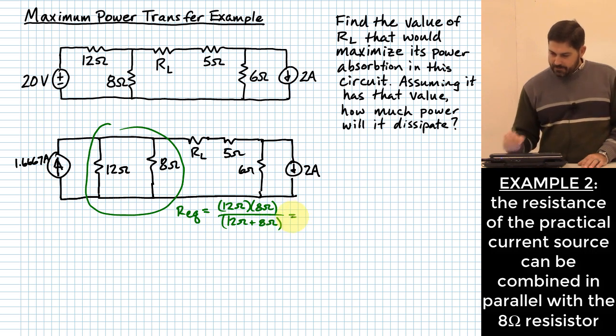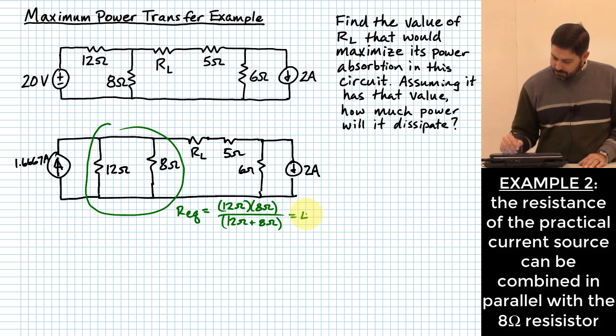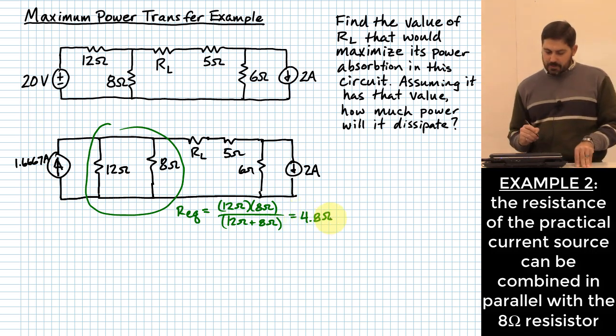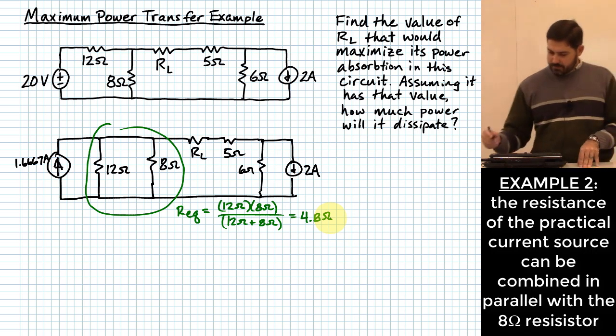When you do that, it comes out to be 4.8 ohms. So you can replace those two parallel resistors with a 4.8 ohm equivalent resistance. Then what can you do?